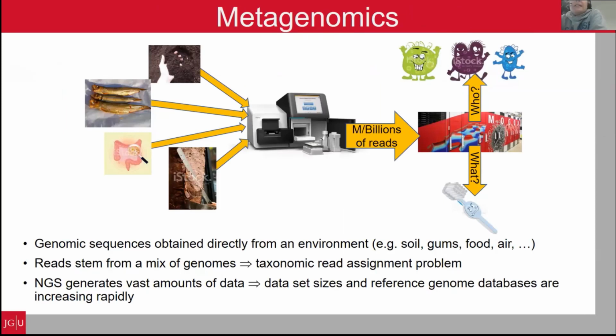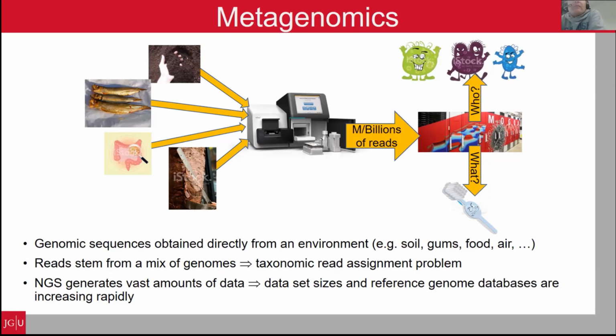One very important and very interesting application area of this technology is metagenomics. In metagenomics, you take a sample that you put into the sequencer from an environment. That can be different environments. Examples include soil, gums, air, and also food, which we will be discussing later.